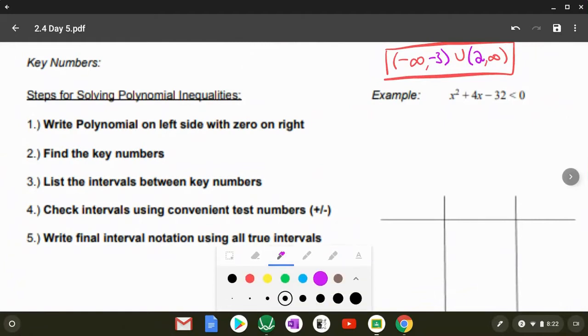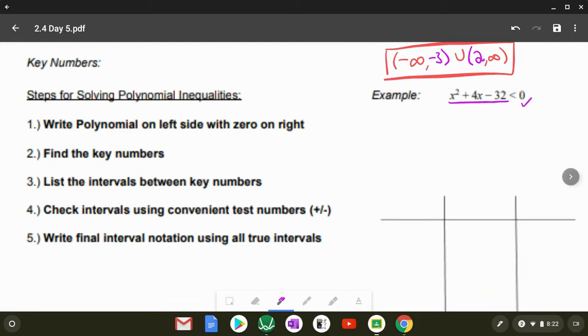And again, the reason we want to do that is because when we're doing our test points, if we have 0 by itself and we know that the left side has to be less than 0, then when we plug in our numbers, if they become bigger numbers, it doesn't matter what the numbers are. We just have to look if it's positive or negative. And we're going to notice later in this lesson how much that helps when you're using a graph or a calculator to do this.